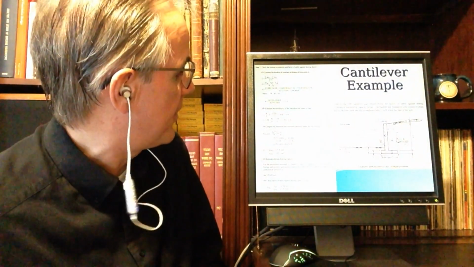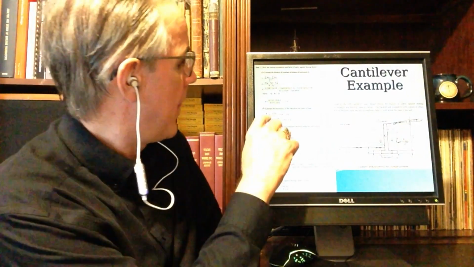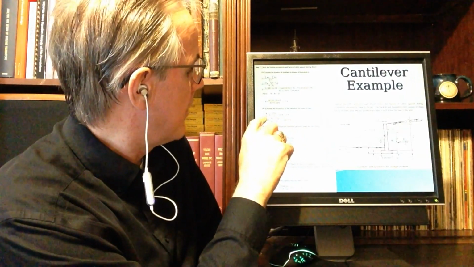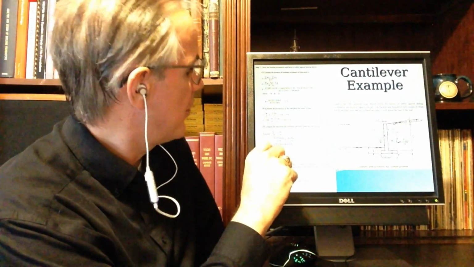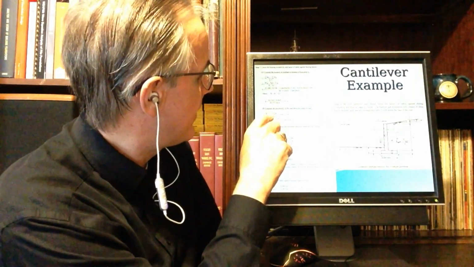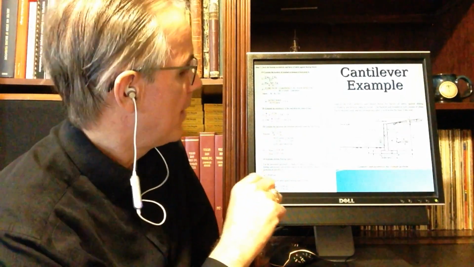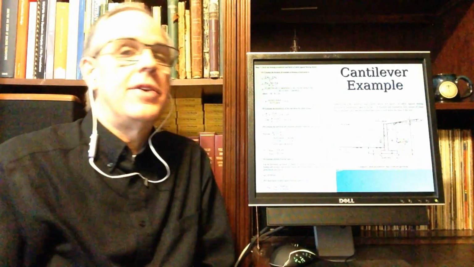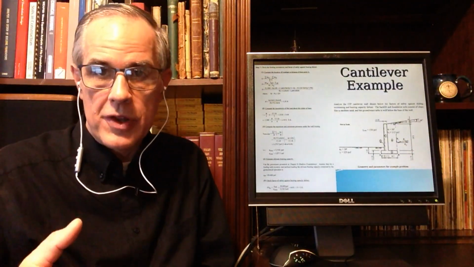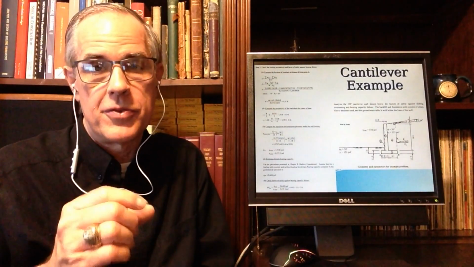I use the same formula that I used before. I compute the eccentricity. The eccentricity is equal to B over 2 minus D. B over 2 is the centroid of the foundation, minus the actual location of the resultant, which gives the distance between the two.